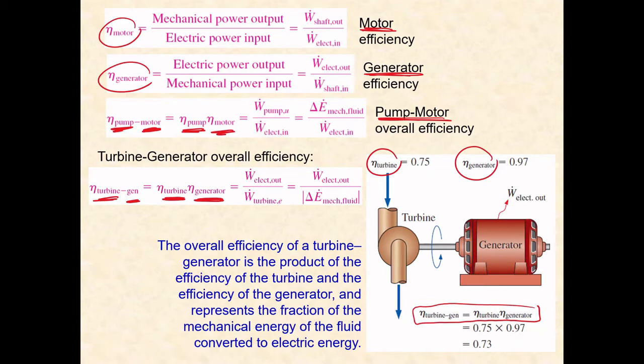So the generator efficiency refers to the shaft energy converted into electrical energy through the generator. You take the electrical power output divided by the shaft input, and then you get the generator efficiency.